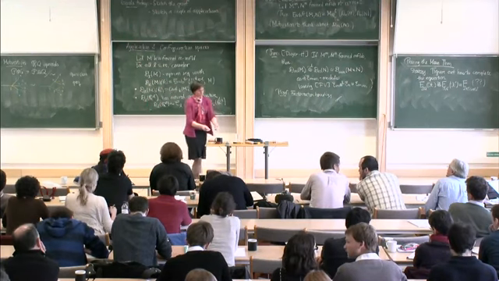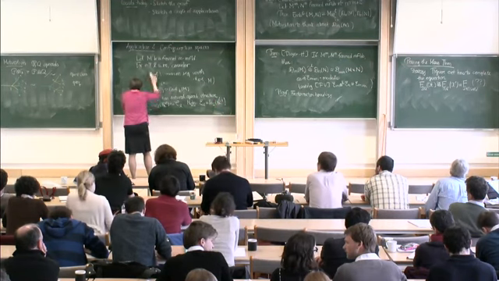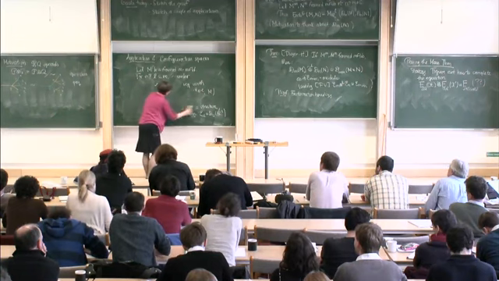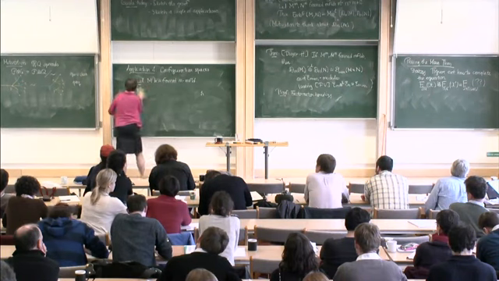Now, one thing I'd like you to observe is that this gives us a certain operation on the Cartesian product of P and Q that looks as follows.